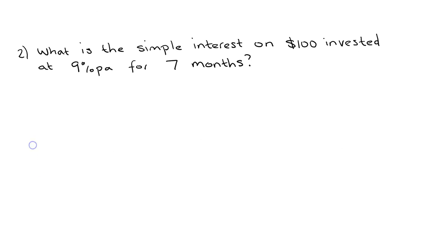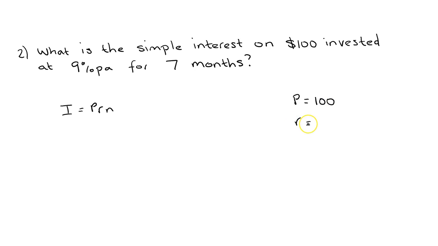Okay, what is the simple interest on $100 invested at 9% per annum for 7 months? So the first thing I'm going to do again is write out my equation. And over on the right, I'm going to write down the value for each of our variables. So P is our principal, the amount invested, $100.